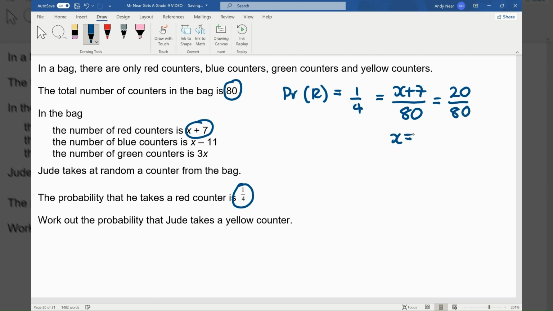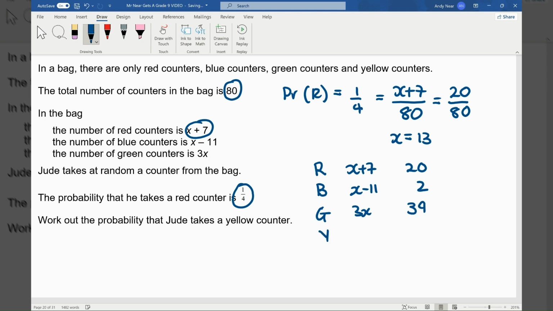and so x must be 13. Because x is equal to 13, the number of red counters will be x plus 7, which is 20. The number of blue counters will be x minus 11. 13 minus 11 is 2. The number of green counters will be 3x. 3 13s are 39.